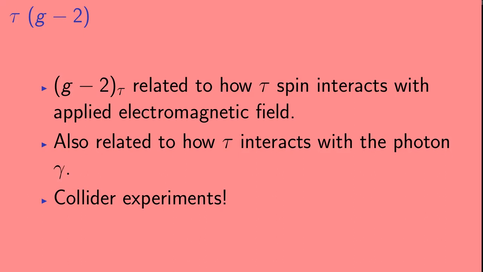So g-2 of the tau is related to how the tau spin interacts with an applied electromagnetic field. From the particle physics perspective, that means that g-2 of the tau is also related to how the tau interacts with the photon, which we call gamma. And this means that you can possibly look at g-2 of the tau in collider experiments.